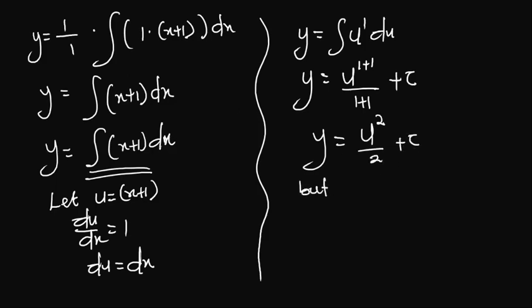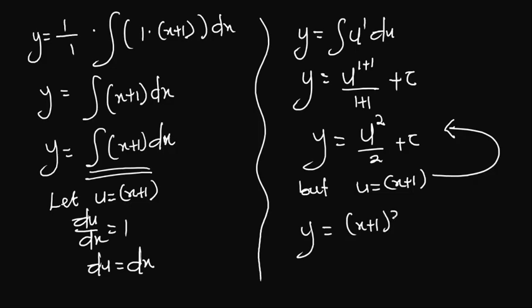But remember, earlier on we made u equal to the function x plus 1. So if we substitute u back here, we have y equal to x plus 1 squared over 2 plus c.